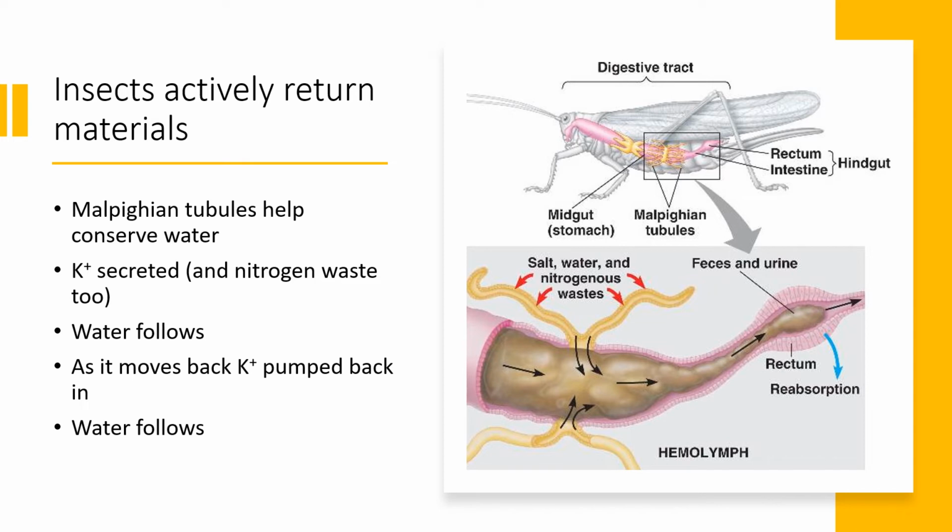So why did we bother putting potassium out to get the water to follow? Well, it was also so we could create a current of water that would bring with it nitrogenous compounds that are now collected into the feces and then can be expelled out of the animal itself, right? So a simple yet complex system that modifies a fairly simple routine of if water moves in this direction, I can use it to carry some stuff with me.